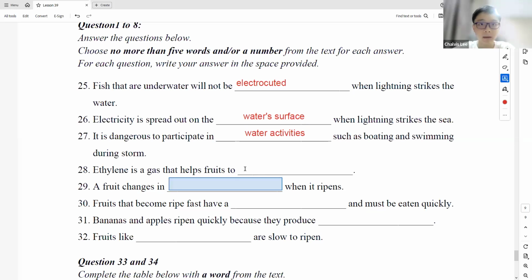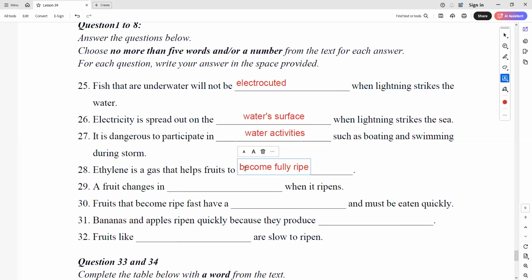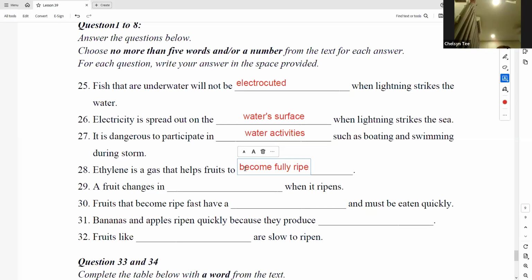Ethylene. Ethylene is a gas that causes fruit to change color and smell, become fully red. 让它完全成熟哦。29, 30, 小心 right?